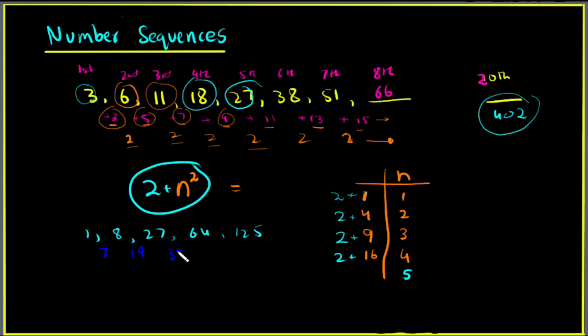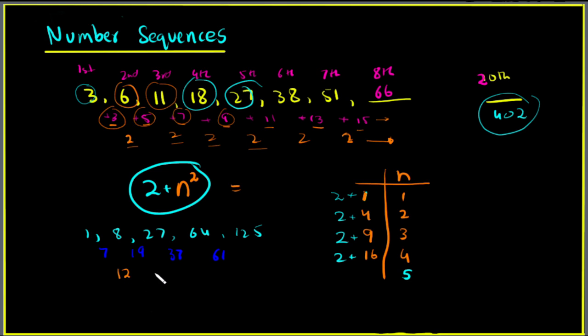So 37. I hope I'm not messing up my mathematics here. 64 minus 27, that would be 37, and then 125 minus 64 is 61, I believe, right? So these are the differences in these numbers. And then the differences in these numbers, 7 and 19, the difference is 12, right? 19 minus 7 is 12.